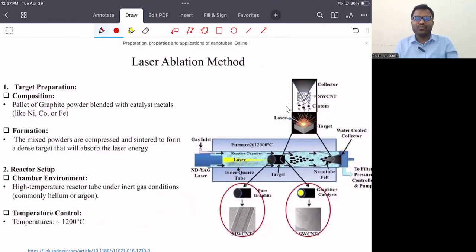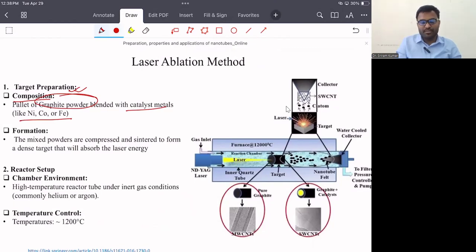Now let's understand the specific design for CNT synthesis. First is the target preparation. The target is the material we want to vaporize, and from that material we need to synthesize carbon nanotubes. In the target, we need to have a composition. We use graphite powder and mix it with a catalyst metal, such as iron, cobalt, or maybe nickel.